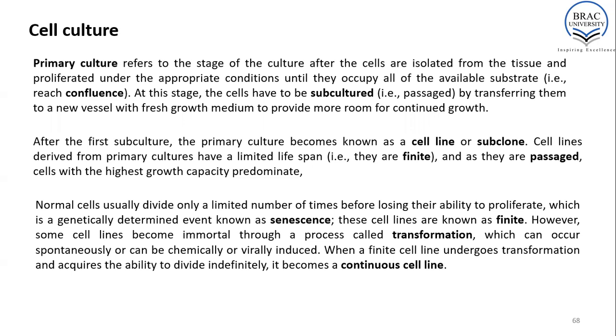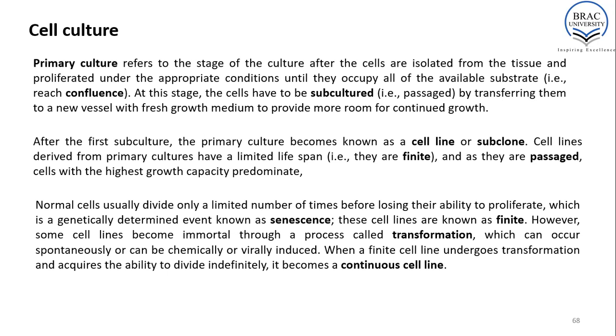That means we take some of the cells from the first culture and transfer them into a new vessel with fresh growth medium, including the nutrients, to provide more room for their growth. This subculturing is called passage.